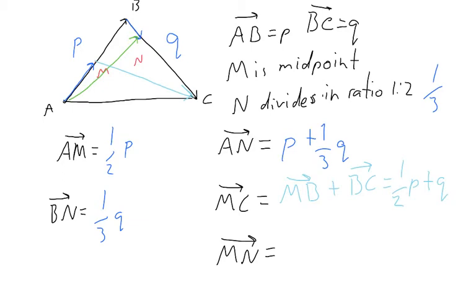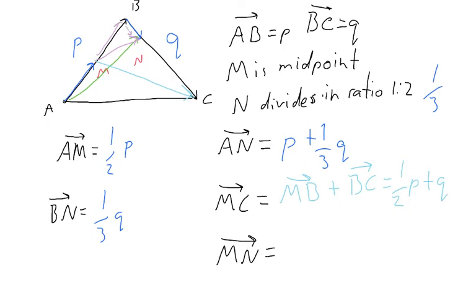Now, our next one is MN. So we've got vector MN. So that's from M to N. Now, if we look at it, that's from M, so that's MB to BN.